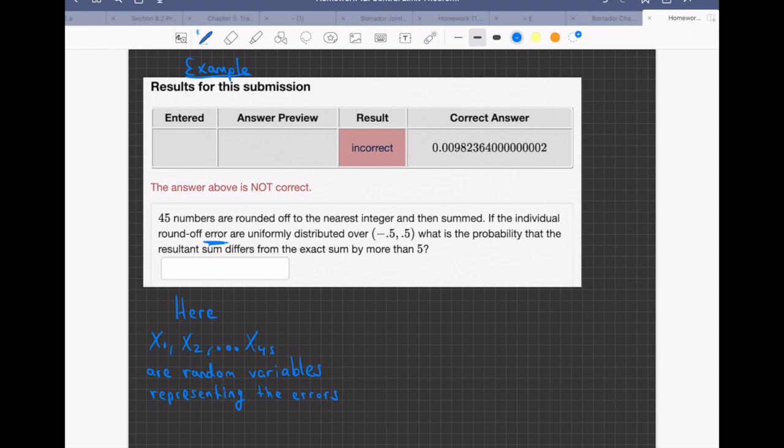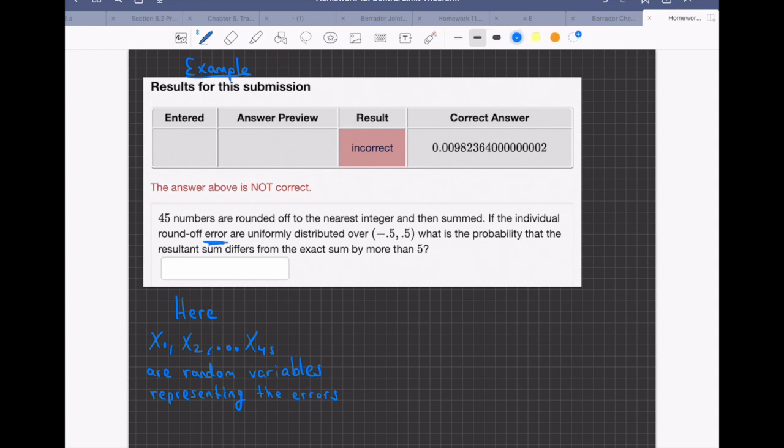I mean, what's going to be the error with respect to each of the numbers that are rounded off? They are distributed uniform between -0.5 and 0.5, but these random variables represent that. We want to know what is the probability that the sum for this differs from the exact sum by more than 5.